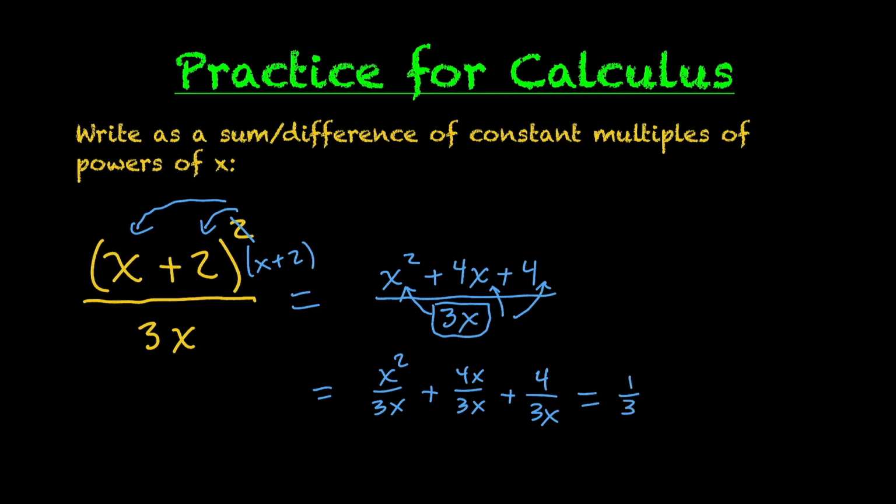And then x squared divided by x is x to the 2 minus 1, or x to the 1st. The second one, you really don't need laws of exponents. You can just see the x's cancel. So you'll get 4/3. And for our last one, we'll get 4/3 again. And again, I want to move this x to the top. And the way that that x gets moved to the top is switching the sign of the exponents. So it's going to become 4/3 x to the -1.